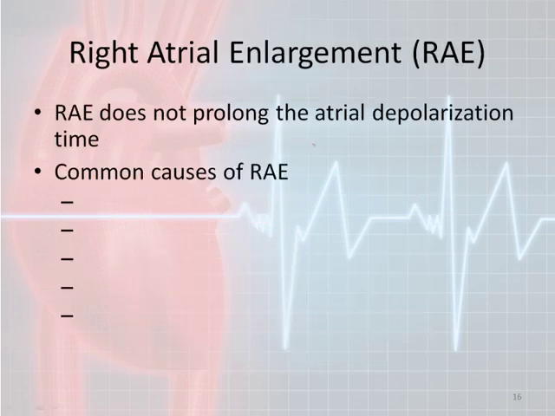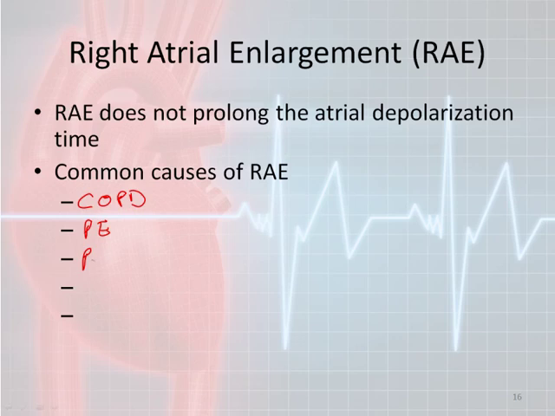What are some common causes of right atrial enlargement? Some common causes, if you imagine anything that would really cause a backup of fluid into the right atrium, usually consider forward effects. These are going to be COPD, chronic obstructive pulmonary disease. A pulmonary embolism could very easily cause that.